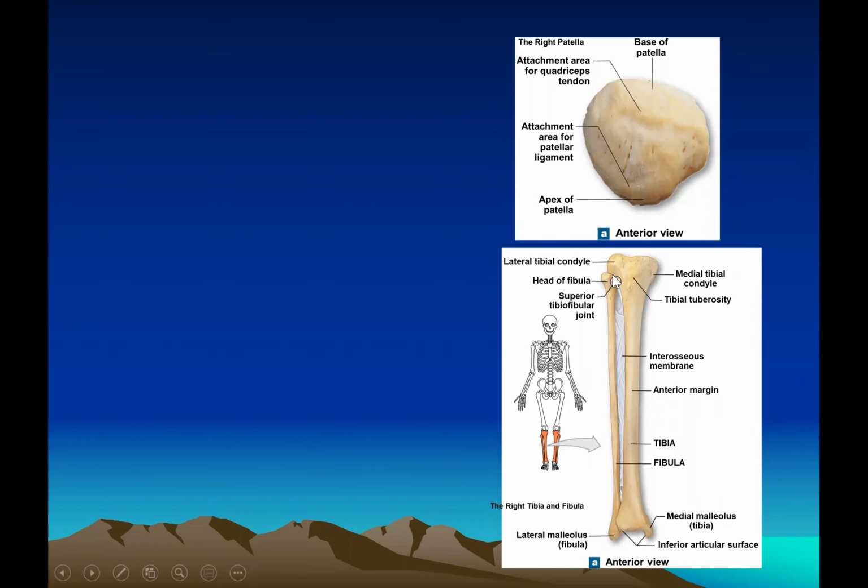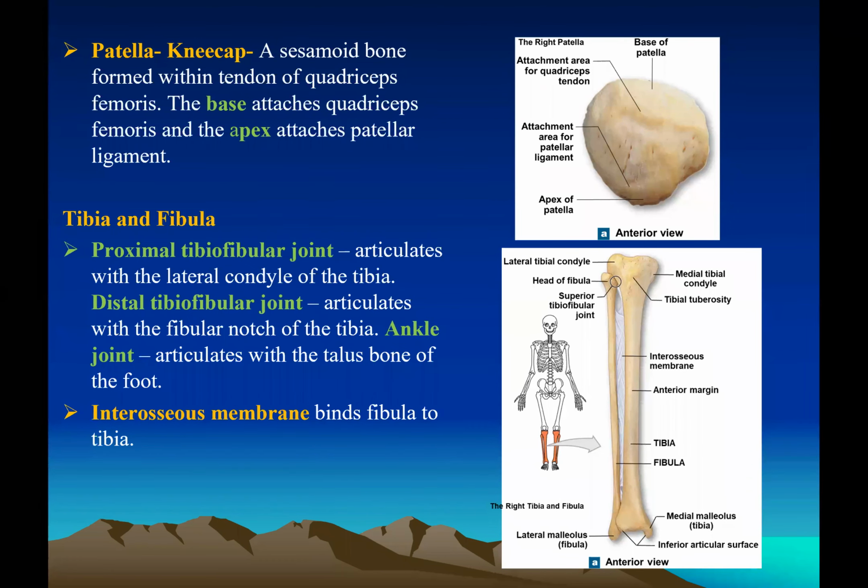And you can see in the knee joint, like right below it, you can see how the fibula is articulating with the tibia at the proximal or the superior tibiofibular joint and the distal tibiofibular joint or the inferior. And the other articulation would be its articulation with the bones of your ankle, your talus.